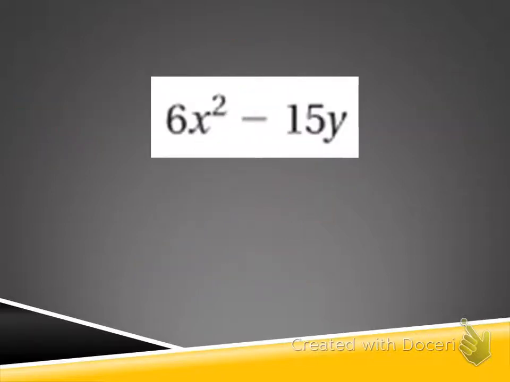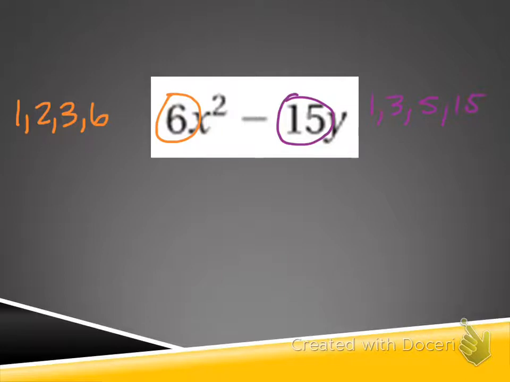Okay. So 6x squared minus 15y. All right. So again, let's start by finding the factors of our coefficients. Let's start with 6. The factors of 6 are 1, 2, 3, and 6. The factors for 15 are 1, 3, 5, 15. Looking at our list, what is the biggest number both lists share? That is a 3.